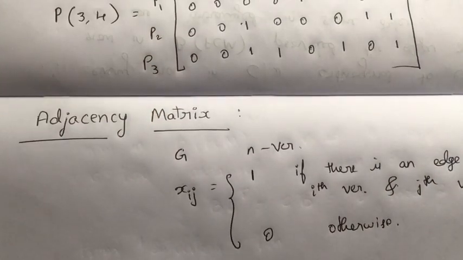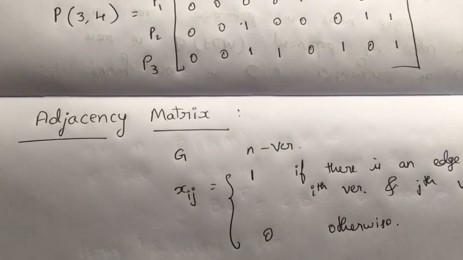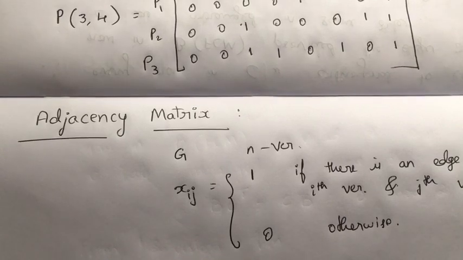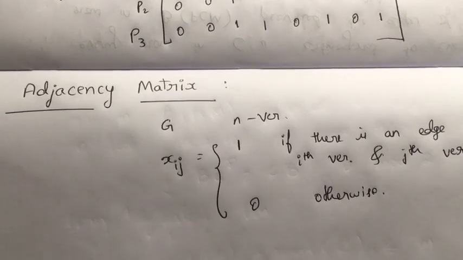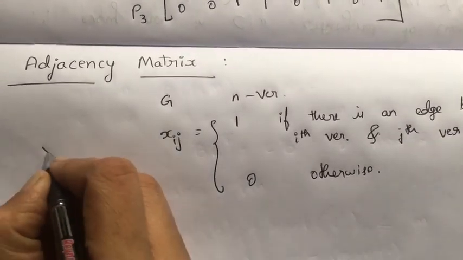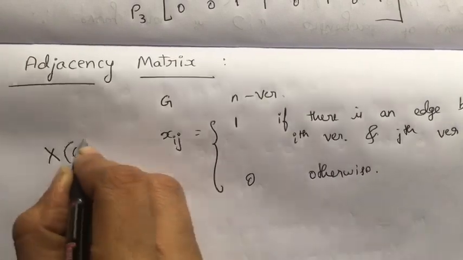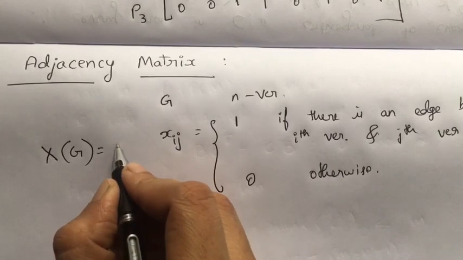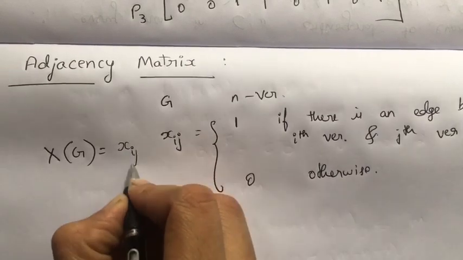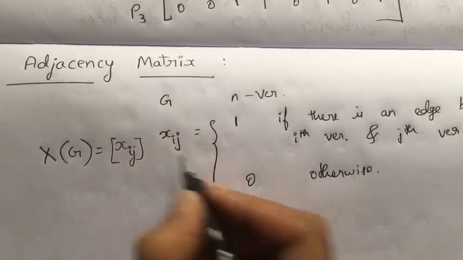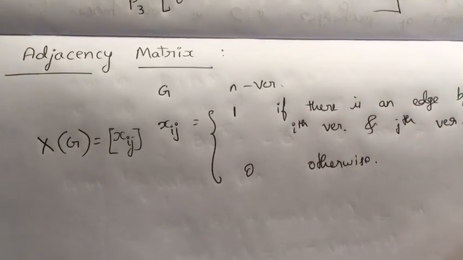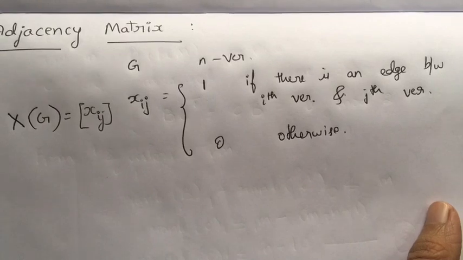Xij entry is 1 if there is an edge between ith and jth vertex, and 0 otherwise. So the matrix is denoted by X of G, adjacency matrix or connection matrix X of G. Entry is 1 if there is an edge between ith vertex and jth vertex.